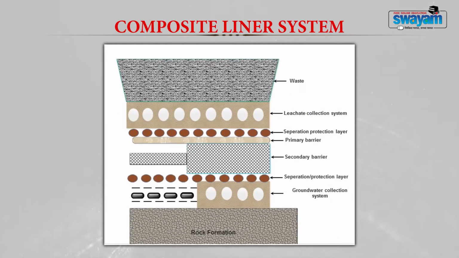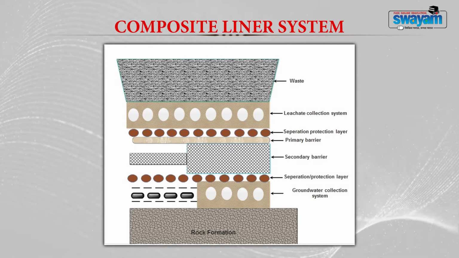Now, between the waste and the protection layer would be the leachate collection system, which consists of a drainage pipe. Beneath the secondary barrier again you have a groundwater collection system, which consists of gravel covered by a geonet. Now, as I told you, in this figure you can see below the waste, again similar to your single liner system, you have a leachate collection system which is lined with a geotextile.